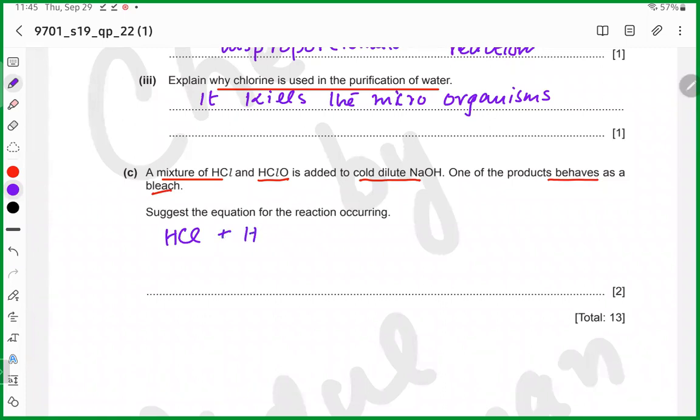HCl और HClO को जो है रिएक्ट कर रहे हैं। Sir, NaClO product होगी. जी बिल्कुल होगी। और ये रिएक्ट किससे कर रहा है? NaOH से. तो आपको एक प्रोडक्ट क्या मिलेगी? NaCl. दूसरी प्रोडक्ट क्या मिलेगी? NaClO.